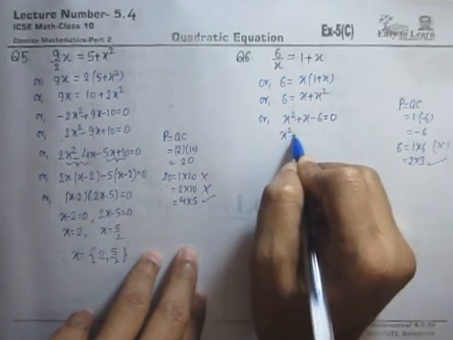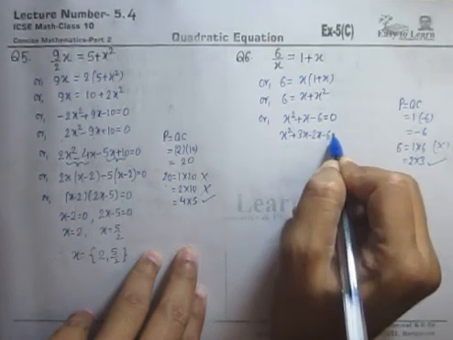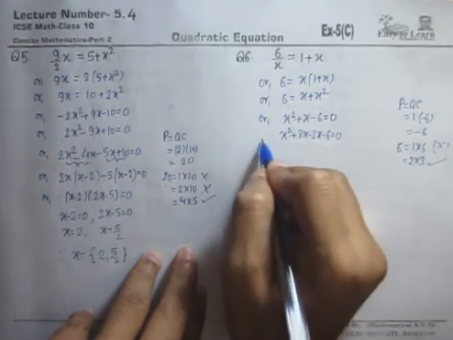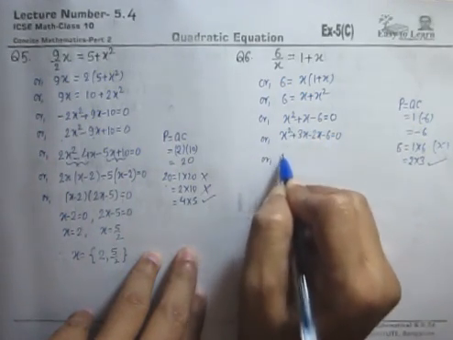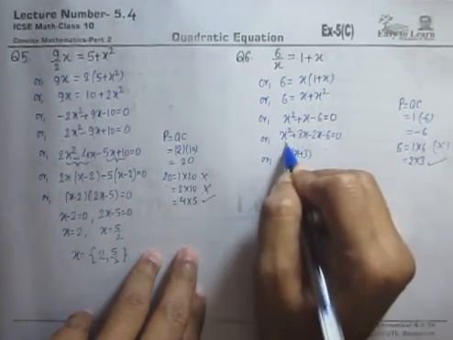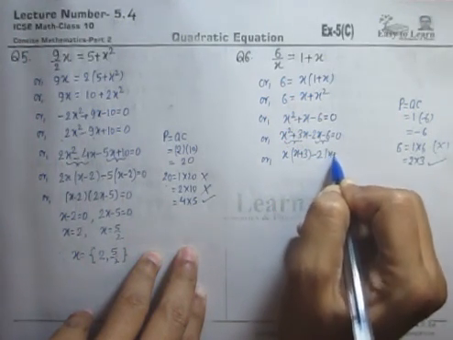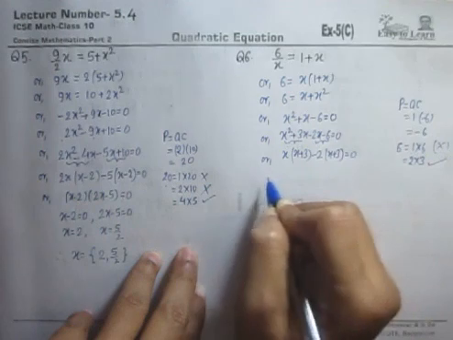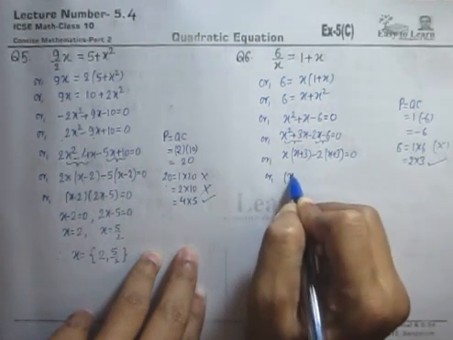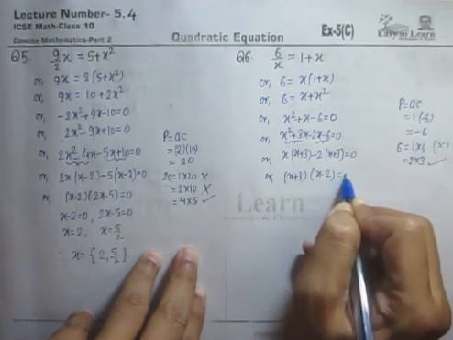x square plus 3x minus 2x minus 6 equal to 0. Now take x common from here, so x plus 3, and from these two we can take minus 2 common. So we will get x plus 3 equal to 0. Or x plus 3 into x minus 2 equal to 0.